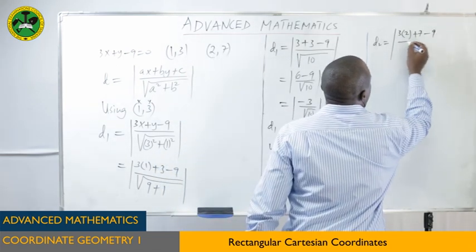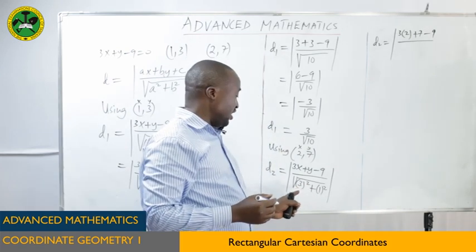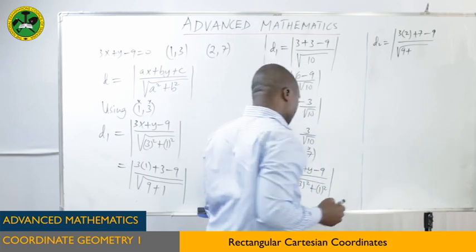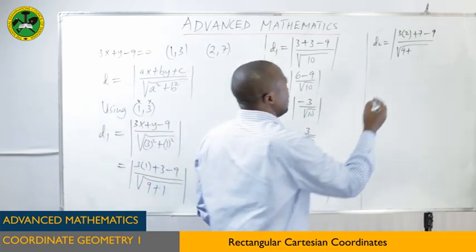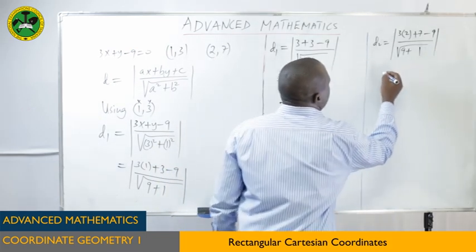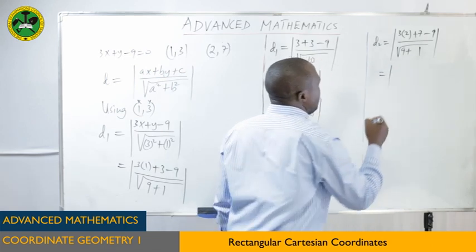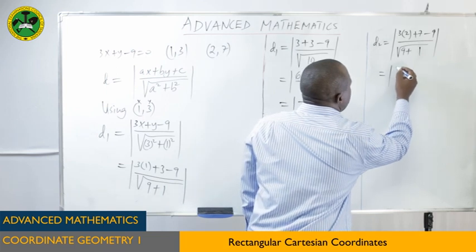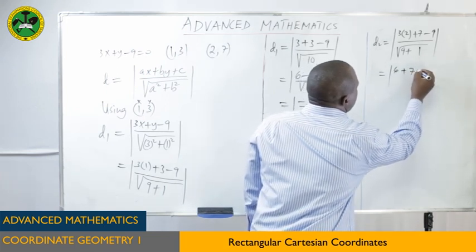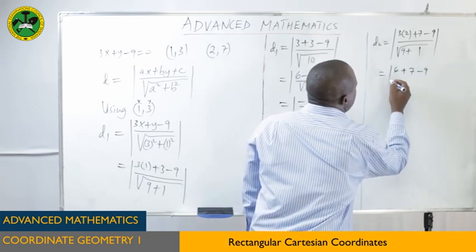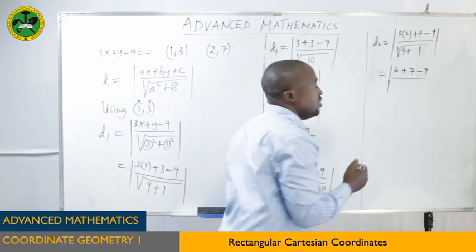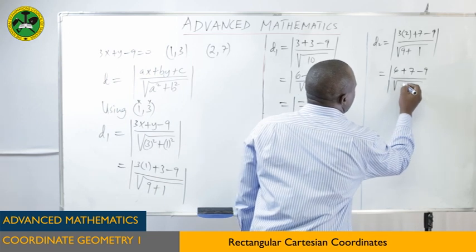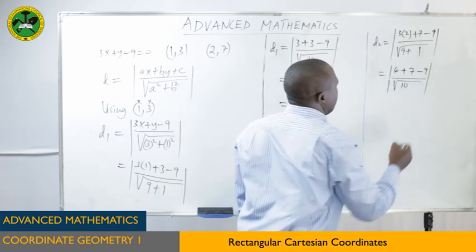That is 9 over. Remember here we have 3 squared, that is 9. Then plus we have 1 squared, that is 1. Therefore D2 will be equal to 3 times 2, that is 6, then plus 7 minus 9 over, with 9 plus 1, that is 10, so we have the square root of 10.